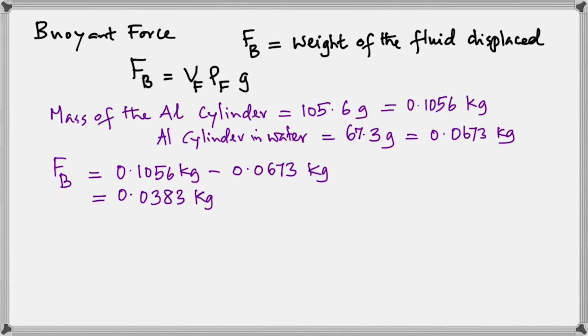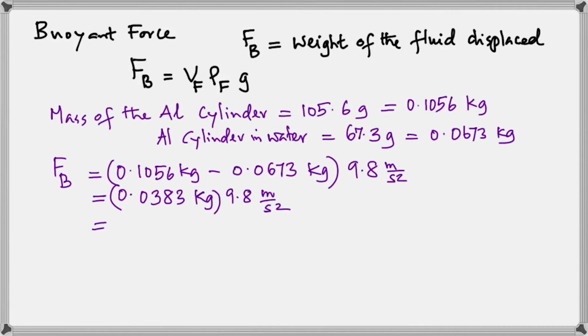That is not the buoyant force, that's the loss of mass, apparent loss of mass. Remember, mass never changes, right? But this is what it appears to have lost. But you got to multiply it with what? With 9.8. If you multiply mass with 9.8, you're going to get force.